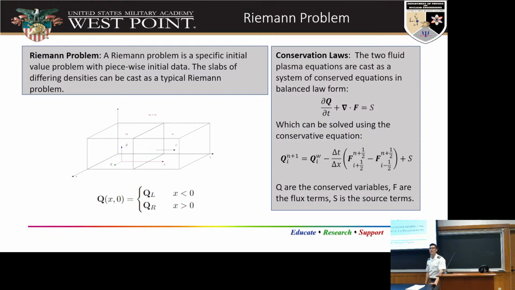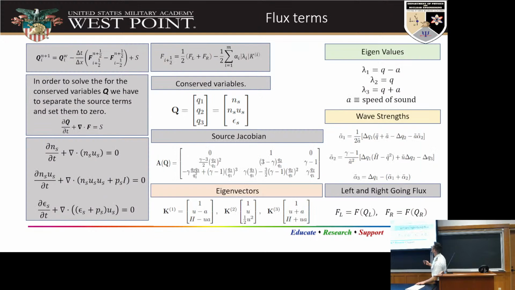Any questions? Yes, sir. Go to the slide that had the eigenvalues on it. Why does the speed of sound matter? So this is the electron ion speed of sound. This is how fast the information propagates across the cells.